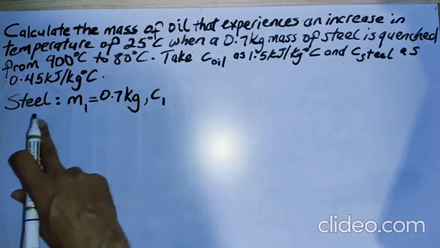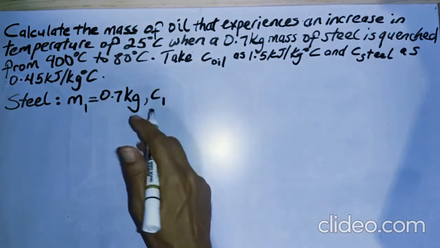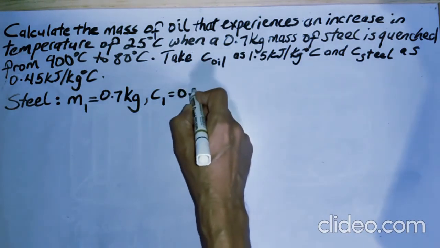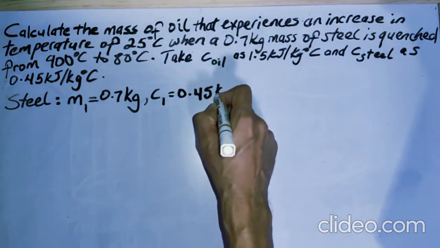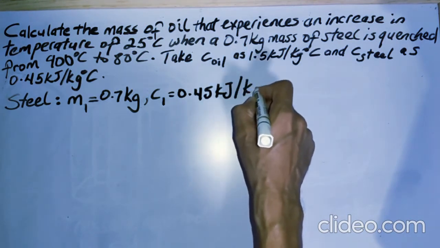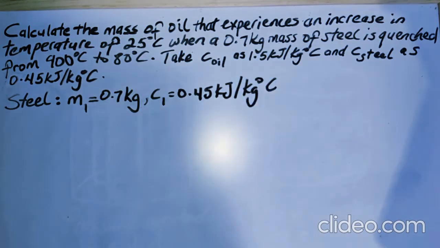C1 for steel is 0.45 kilojoules per kilogram degree Celsius.